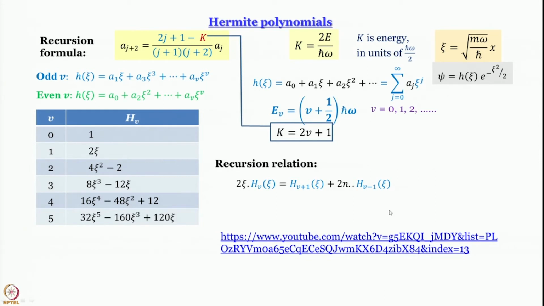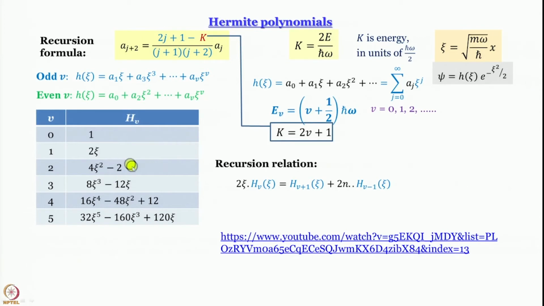What does this mean? Let us take anything, let us take H3 of xi. Multiply it by xi, what do you get? You get a term in xi to the power 4, you get another term in xi square. Now look at the polynomial after. You have something in xi to the power 4, something in xi square, and you have a constant.